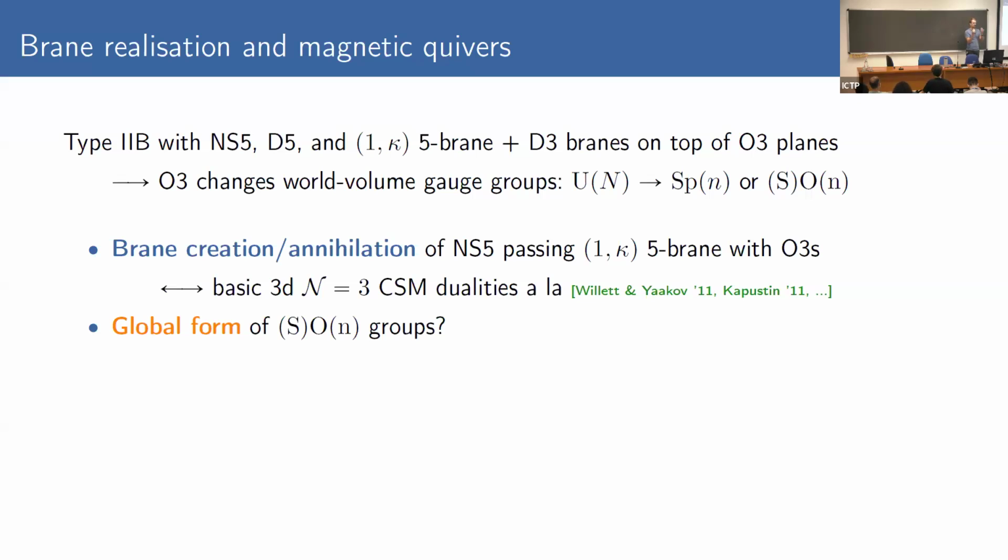And basically, the basic brane moves are also represented by basic N=3 Chern-Simons dualities that have been studied in the literature. So that's a nice feature that already some is done. And you encounter a problem that for orthogonal nodes, you need to specify what's the global form, right? So are we talking about SO? Are we talking about O? Are we talking Spin and Pin? Those kinds of questions now arise, similar to what Antoine has alluded to.